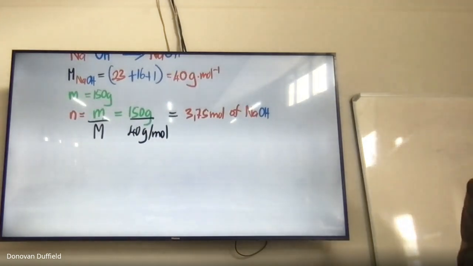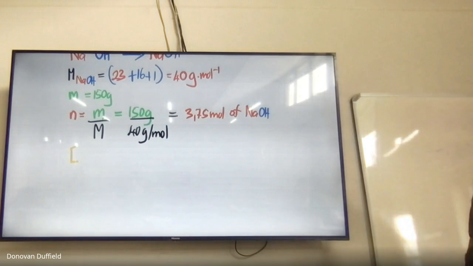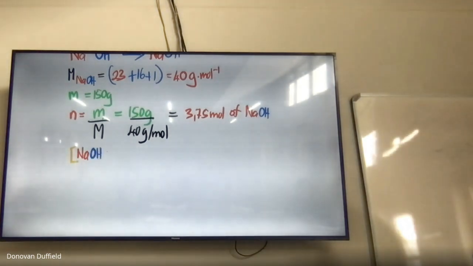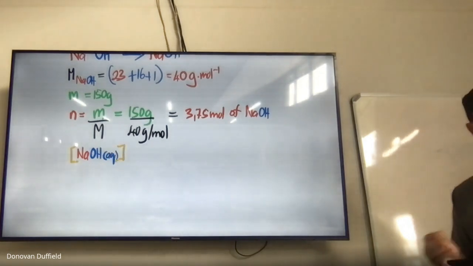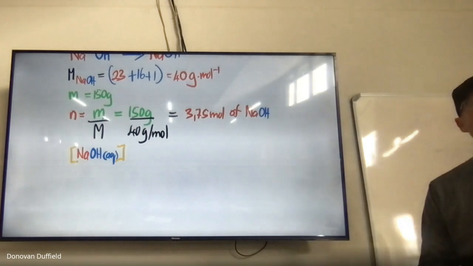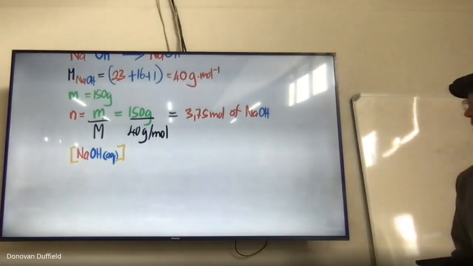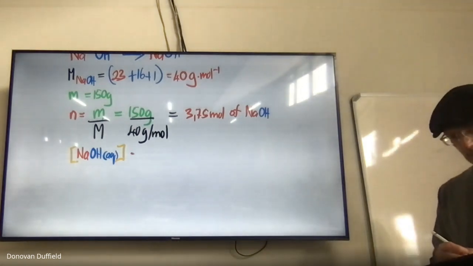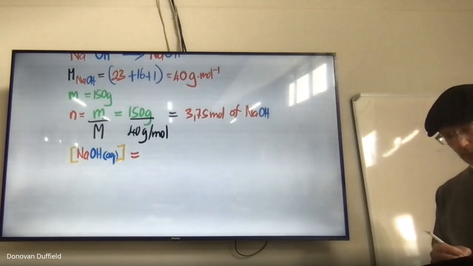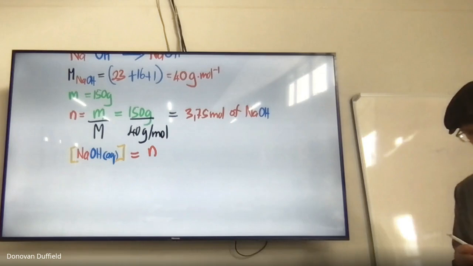So the concentration of sodium hydroxide solution, and I'm purposefully writing it like this so that you get used to it, is going to equal the number of moles over the volume of the solution.